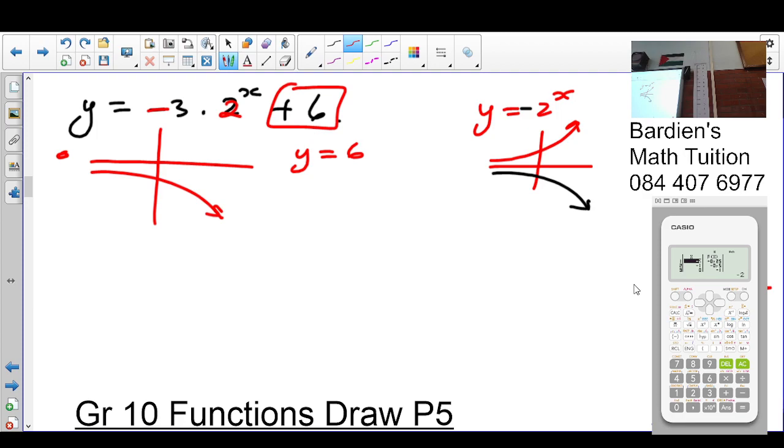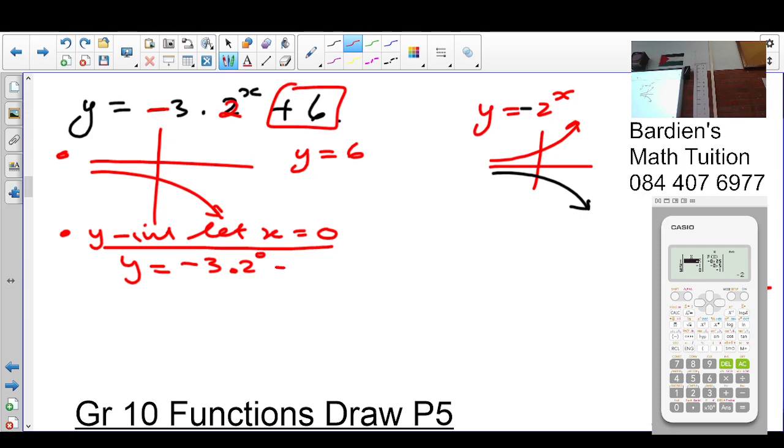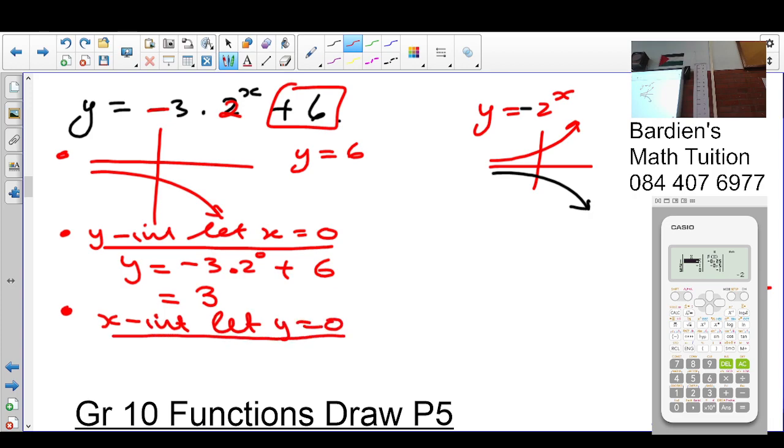What do we do thereafter? Y-intercept. What do you do for y-intercept? X equal to 0. So y is equal to negative 3 times 2 to the 0 plus 6, which gives you an answer of 3. What do you do for x-intercept? Let y equal 0. So 0 is equal to negative 3 times 2 to the x plus 6.